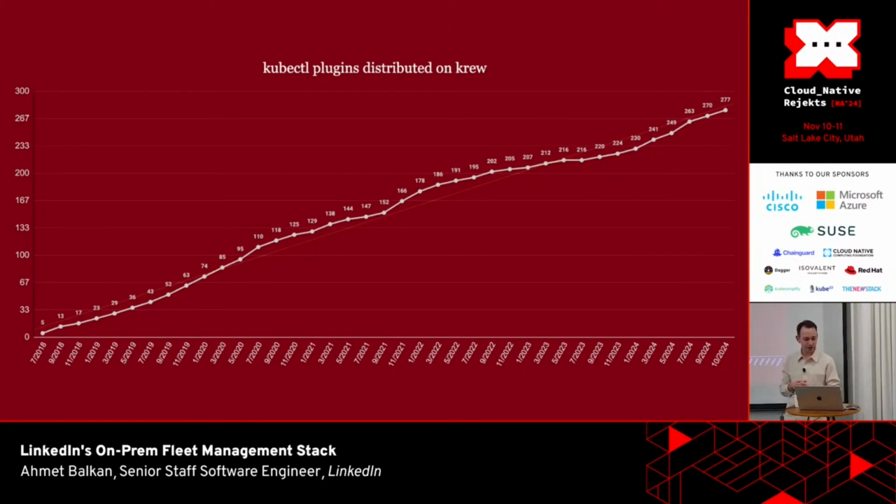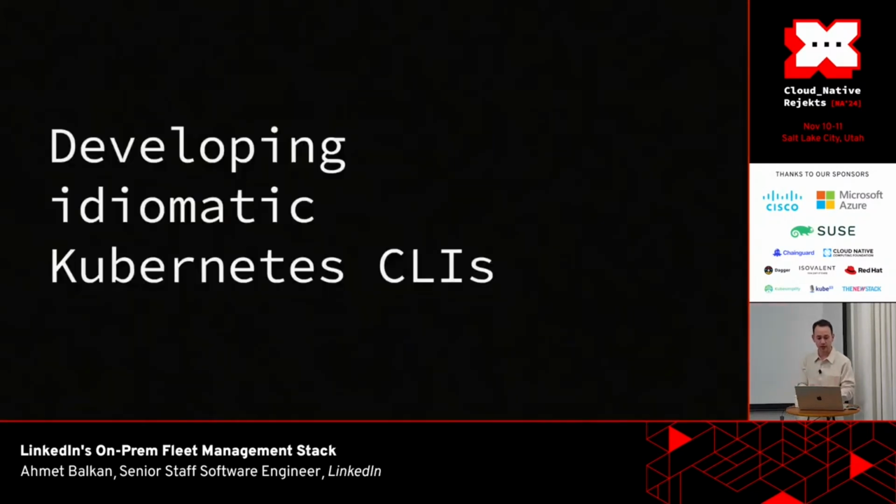If you look at the trend line, it's sometimes above the curve, sometimes below, but it's going pretty healthy, which is fairly interesting given the stability and maturity stage that Kubernetes has reached. As of this time, there are 277 plugins on Krew. There's a pretty big increase. Every 6 months, I think we go up something like 50%, or something like that. Anyway, I forgot to do the calculation.